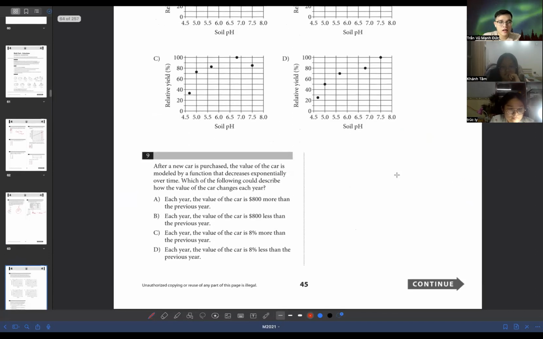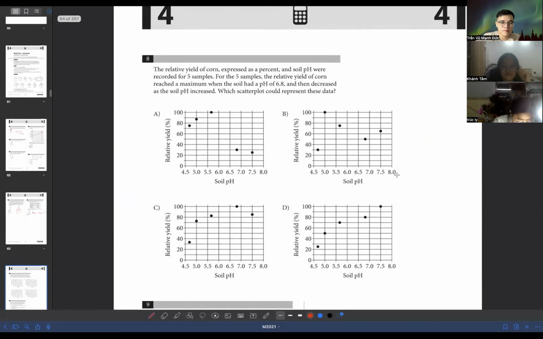Next up is 8 and 9. Thumb, can you do it for me? AC. 8 is C. Let's see. What was your answer?